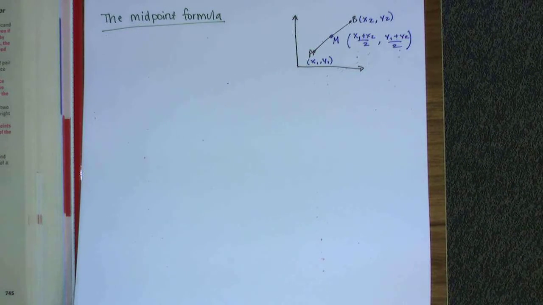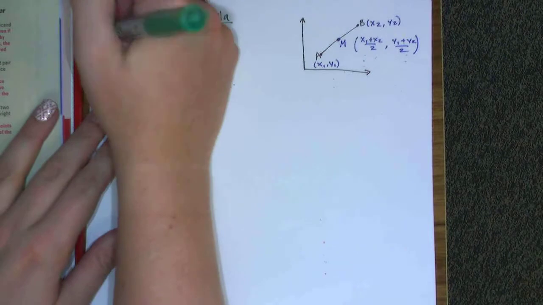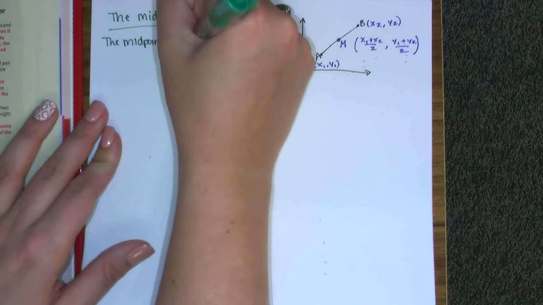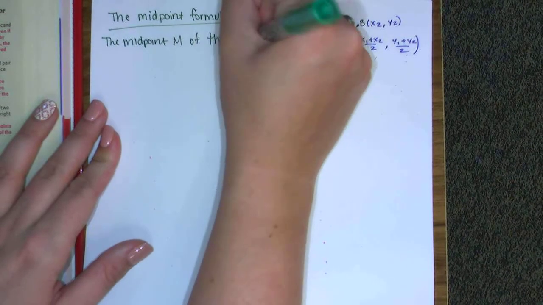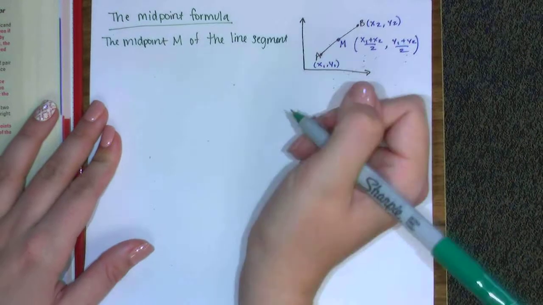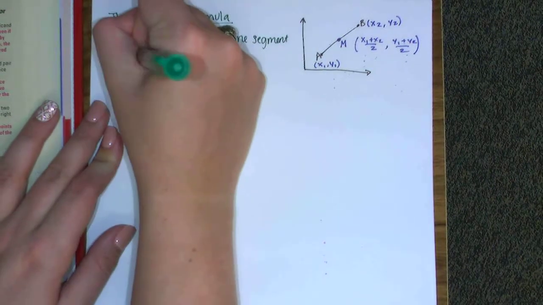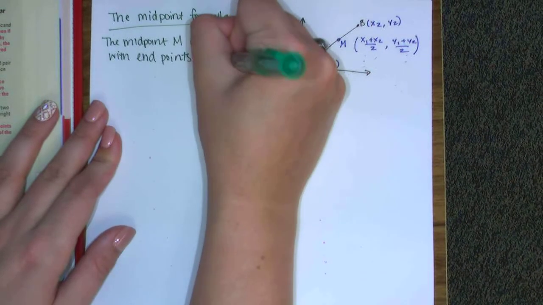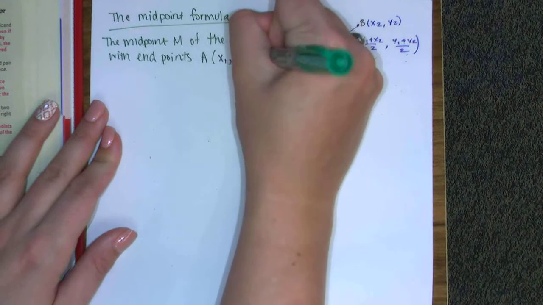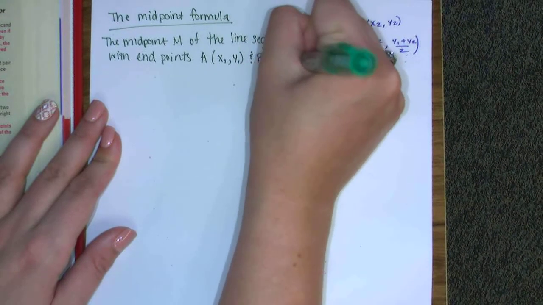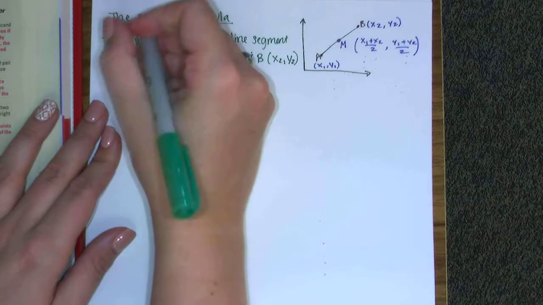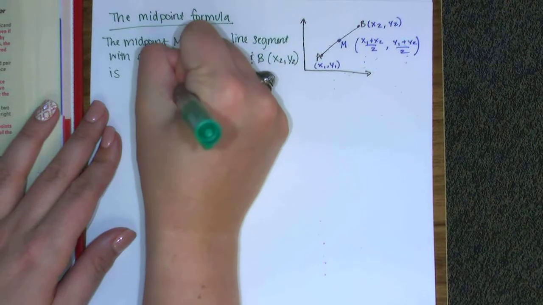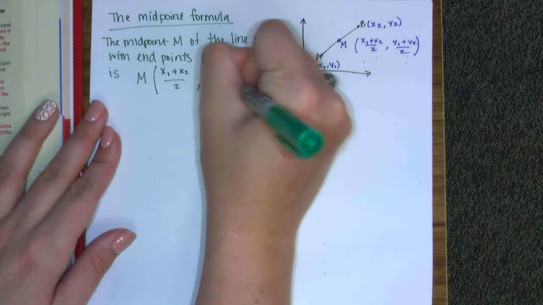All right, so the midpoint M of the line segment with endpoints A at x1, y1, and B at x2, y2 is, so M is x1 plus x2 over 2, comma, y1 plus y2 over 2.